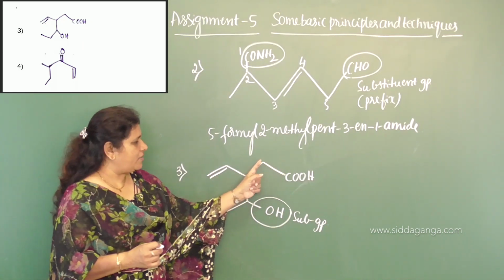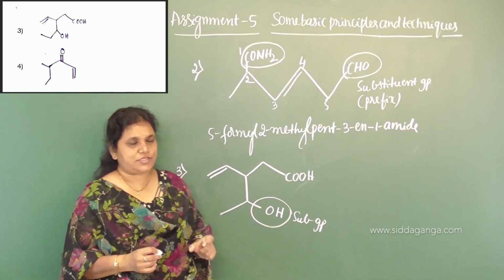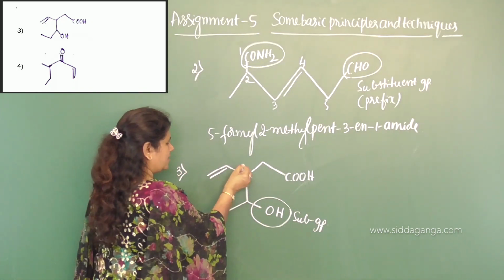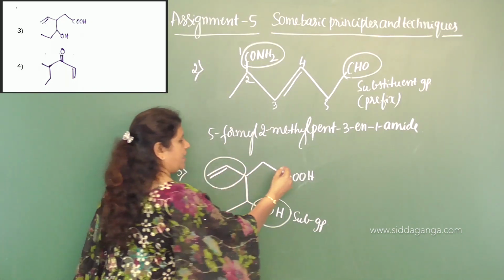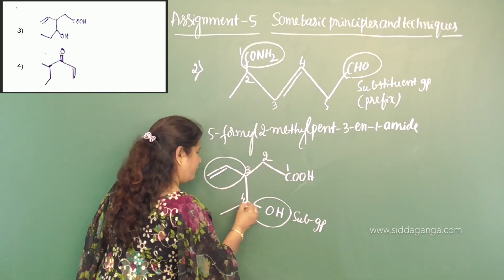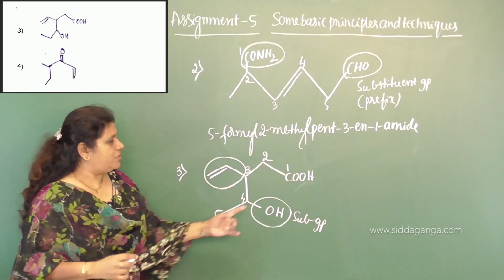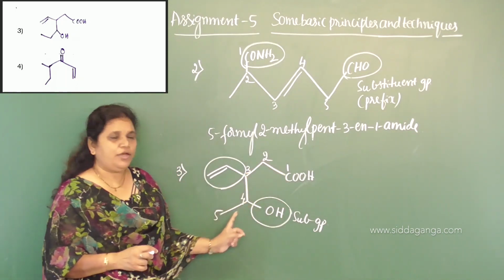Therefore we need to select this carbon chain which includes the alcoholic functional group, and this becomes a substituent now. So this also becomes a substituent. Now you select the carbon chain 1, 2, 3, 4 and 5. So we need to consider the carbon atom of the COOH group in the root word.